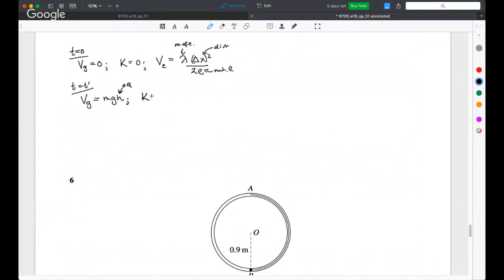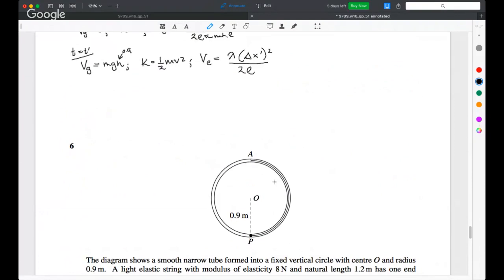The kinetic energy is 1/2 mv squared, and the elastic potential energy is the exact same formula, except delta x is now different, delta x prime, all squared over 2L. So delta x here was the amount that the string is stretched minus its natural length.